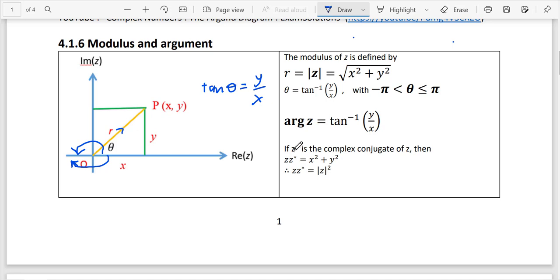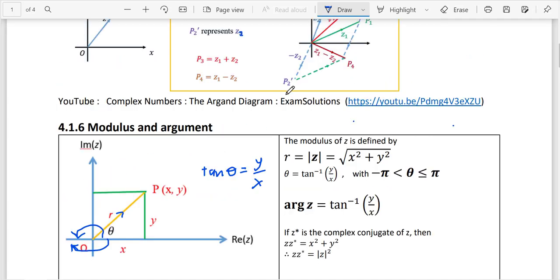If z conjugate is the complex conjugate, don't worry, because for the complex conjugate you'll get the same thing. The y will be negative, but you square it, so you'll get the same answer, correct or not?